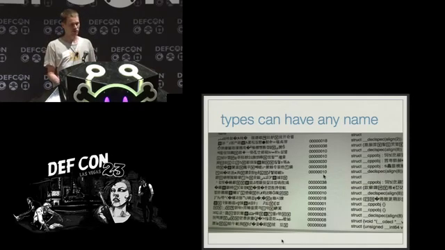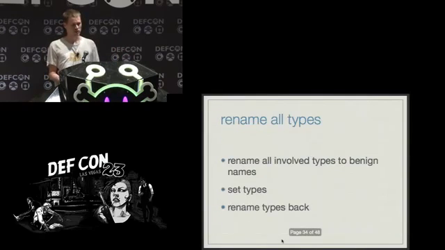If anywhere in that hierarchy of types that gets parsed there are these bad characters, then it'll fail. So whatever types are in your hierarchy, you rename them to something like temp1, temp2, whatever. Then you apply the type to your function, and then you rename the types back, and that achieves the same result.